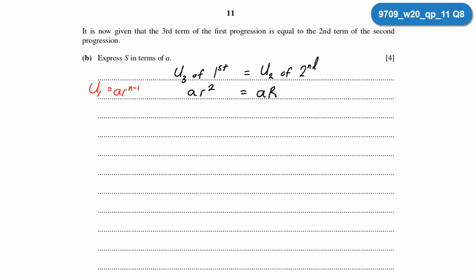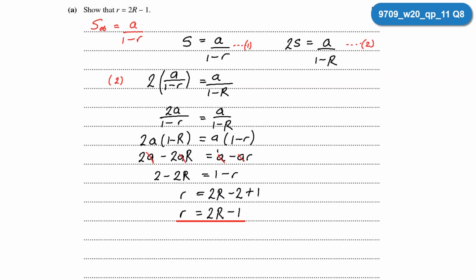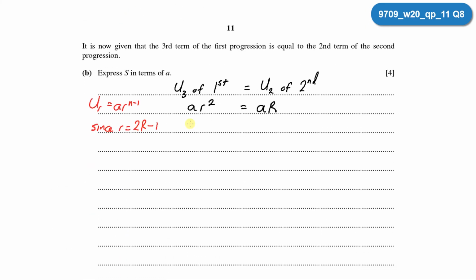From here, we use the substitution because we obtained in part A that r is 2R minus 1. So in place of r, we have a times 2R minus 1 squared is equal to aR.